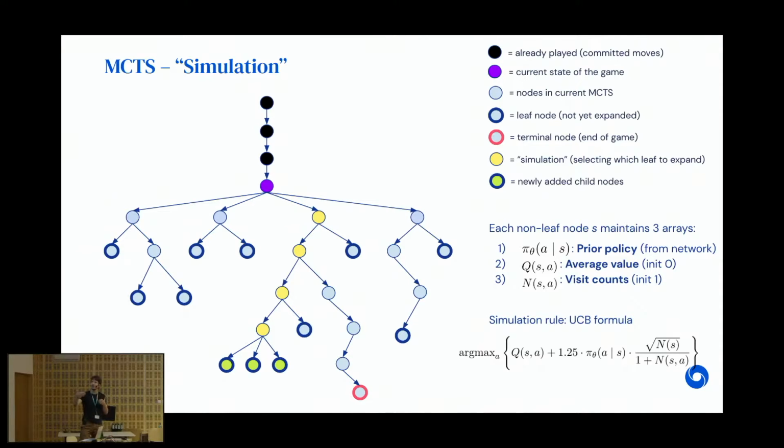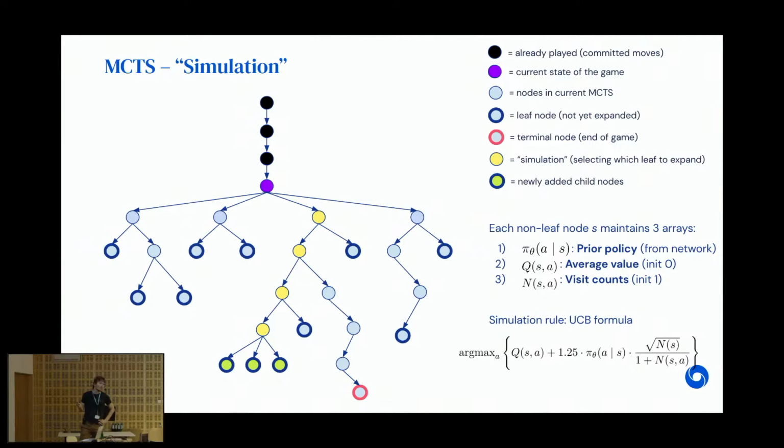We also want to explore parts of the tree that haven't been explored much. So this formula is mostly a heuristic which tries to balance these two ambitions. It's a deterministic rule. In every state, we'll choose to descend down the action that maximizes the following quantity.